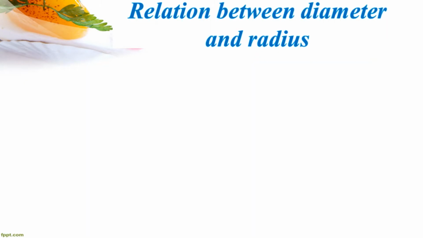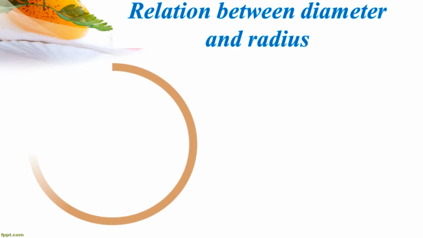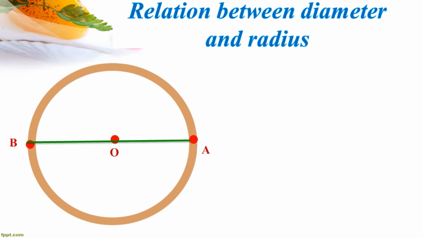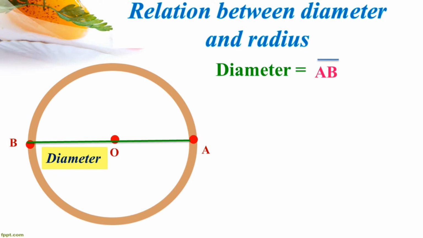Let's see the relation between diameter and radius. Here O is the center and AB is the diameter. In this figure we can write diameter d equal to AB. So d equals AB, which equals OA plus OB.